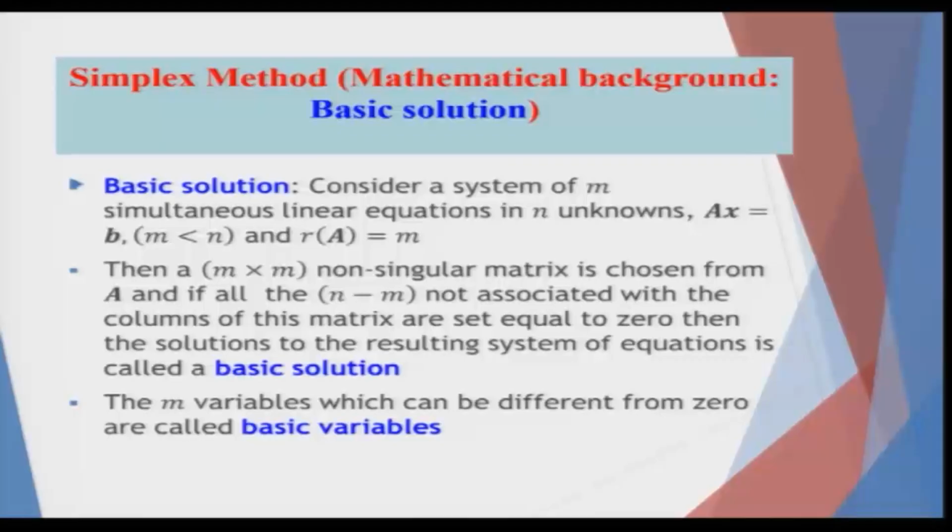So, the m variables which can be different from 0 are called the basic variables. For example, say I have x1, x2, x3, x4, x5 as the n variables, so n is 5, and I am able to express that set of equations with 3 cross 3 vectors.